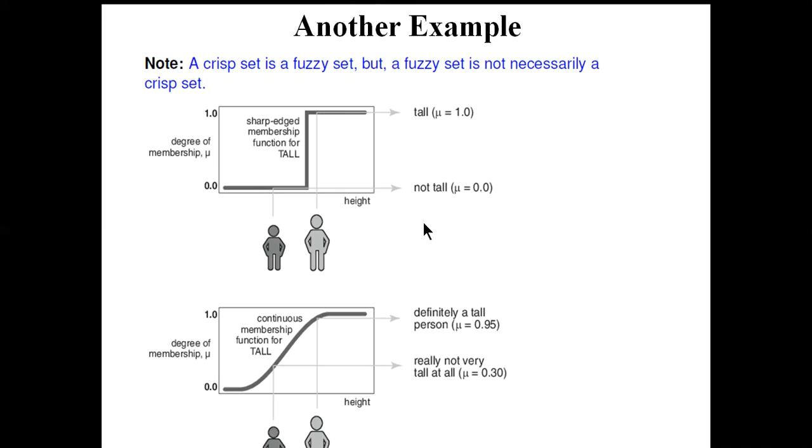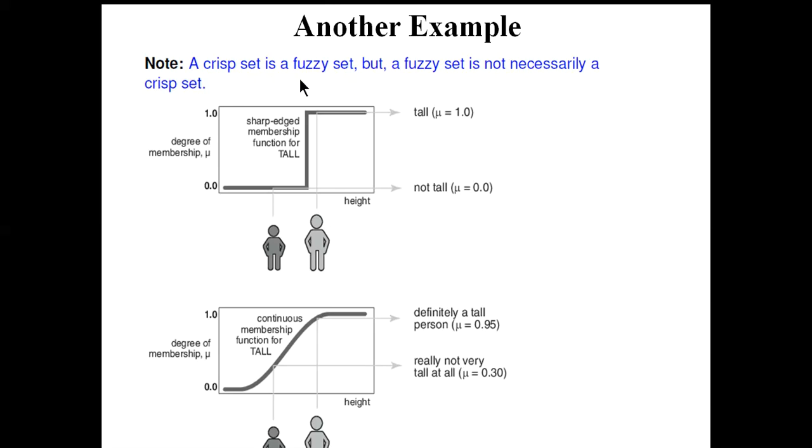From these two examples, you can say that a crisp set is a fuzzy set where the value of the membership function can take either 1 or 0, but a fuzzy set is not necessarily a crisp set. For the fuzzy logic, the corresponding values of the membership function are 0.95 and 0.3, which lie between 1 and 0; it can take 1 or 0, but it can also take other intermediate values between 1 and 0.